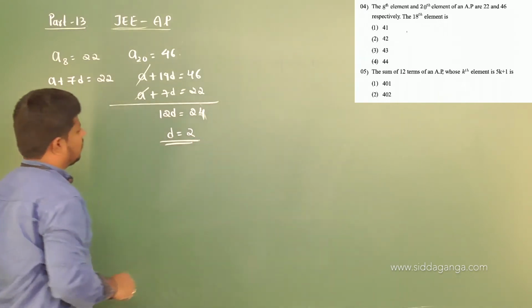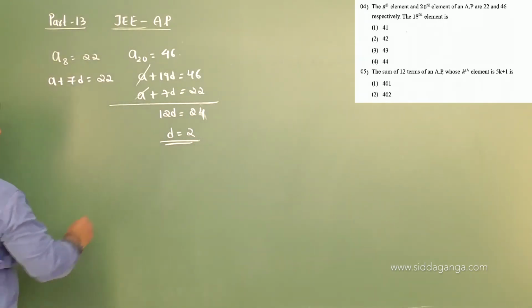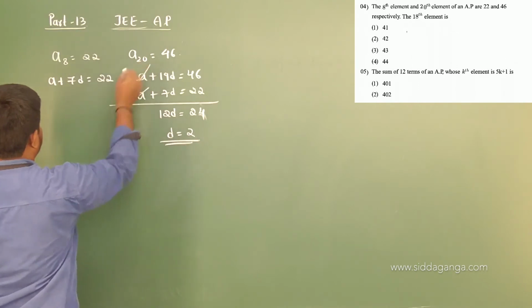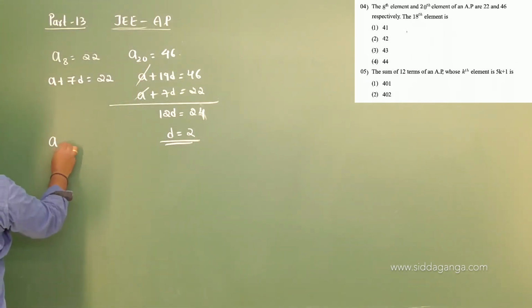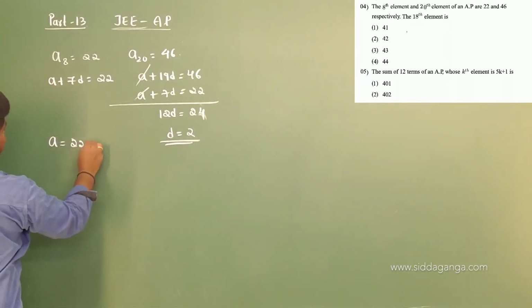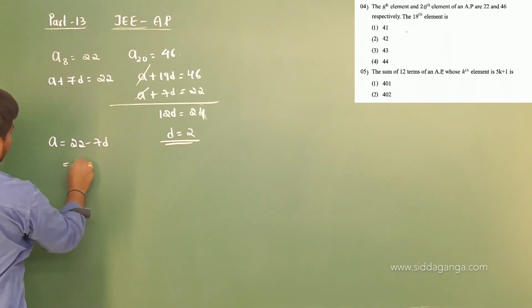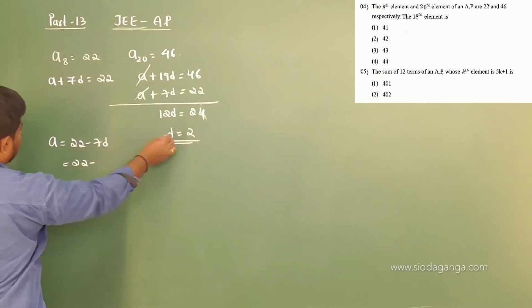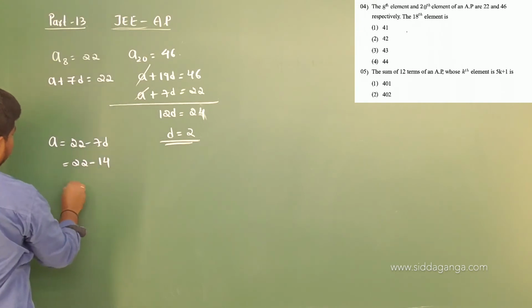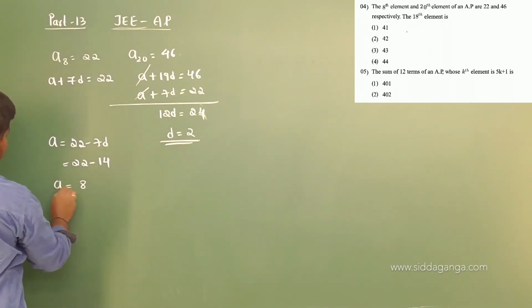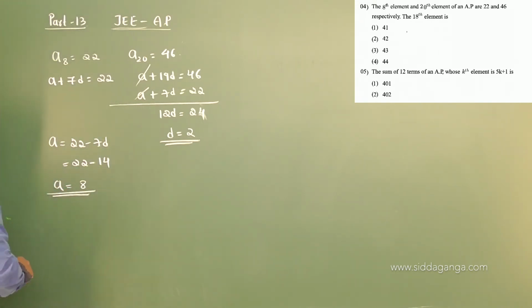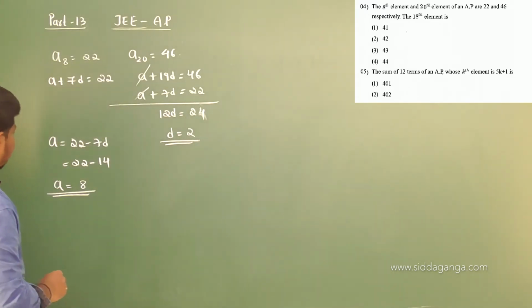So we have d, that is 2. Let me find the A value by substituting d in any of these two equations. Then A is equal to 22 minus 7d, so 22 minus 7 into 2, 7 twos are 14. You get 8. So A is 8, d is 2.